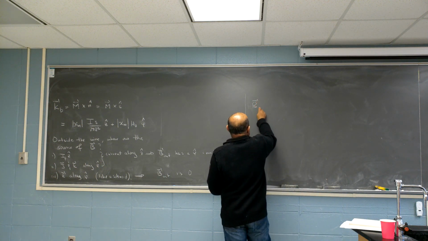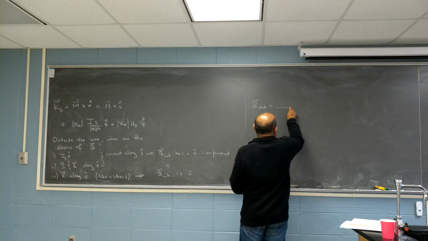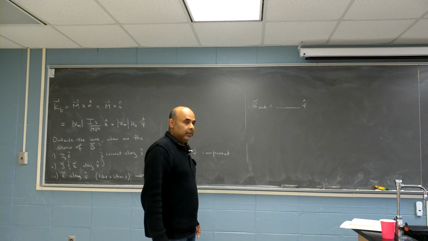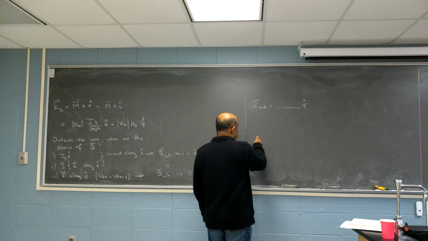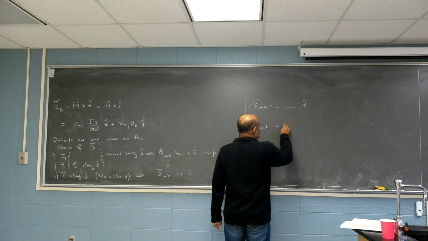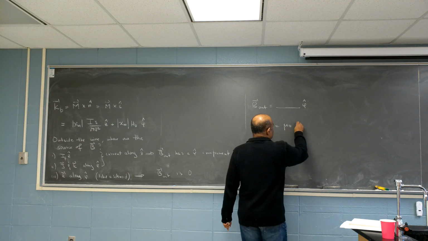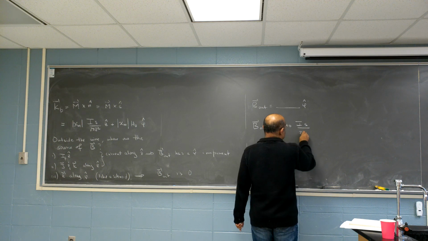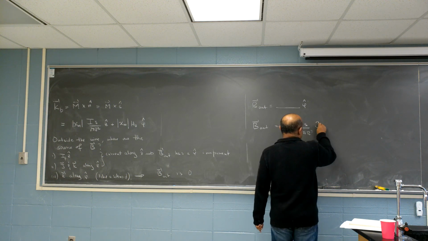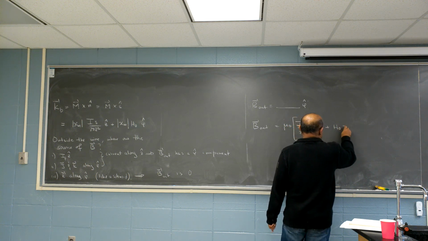B out should be of the form, what did we have for B out? You know, I s on the top over 2 pi r squared. Yeah. Plus H0 z hat.